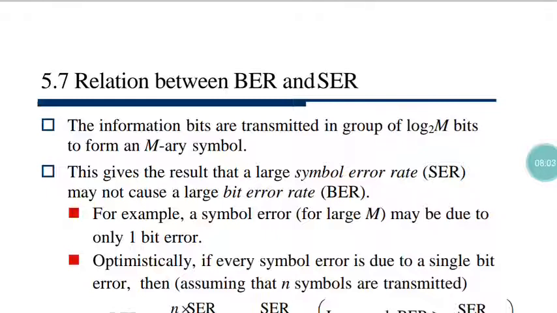For example, a symbol error for large M may be due to only one bit error.